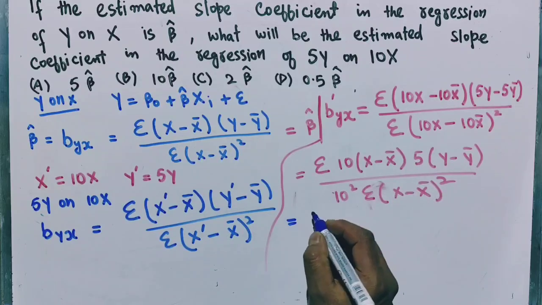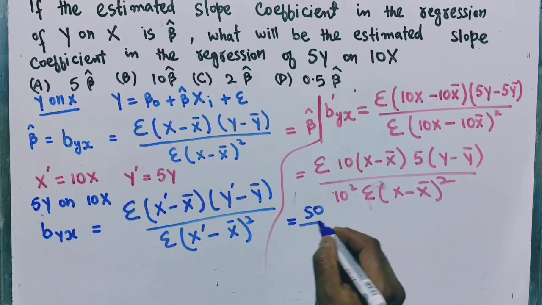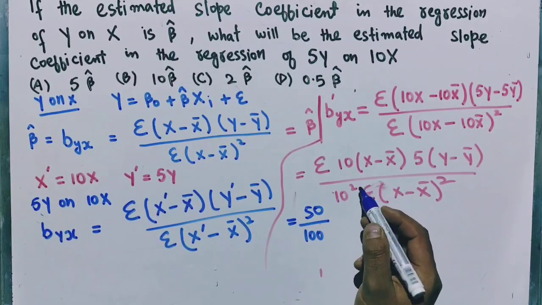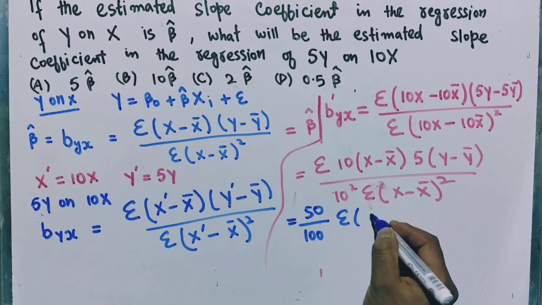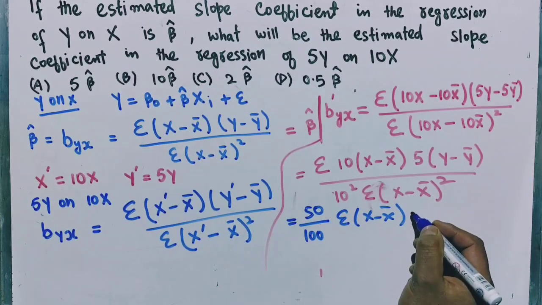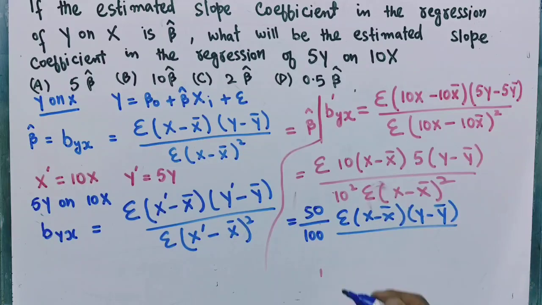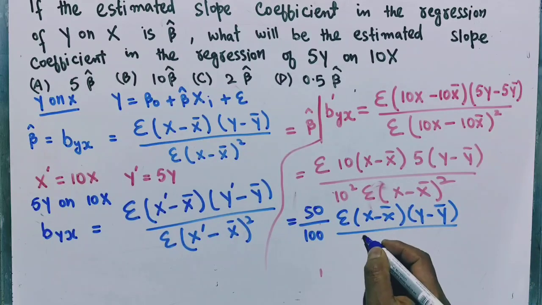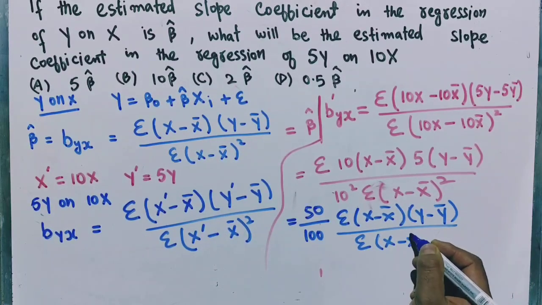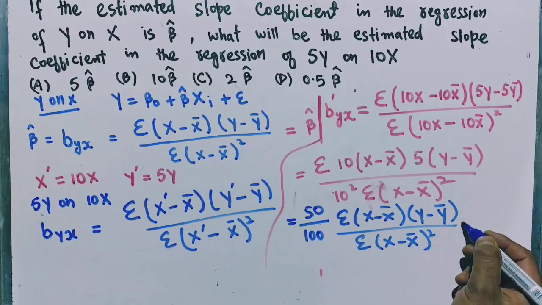10 5s are 50, so we will get here 50 divided by 100 times the summation of (x minus x bar) times (y minus y bar) divided by summation of (x minus x bar) whole square.